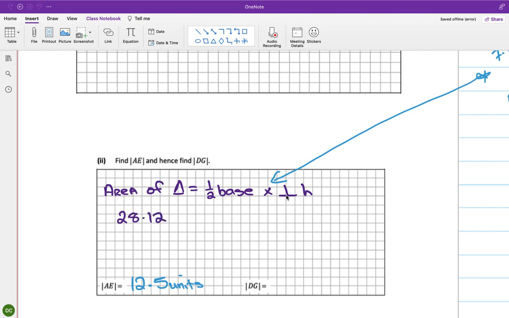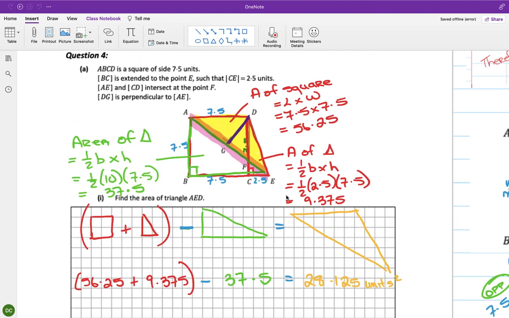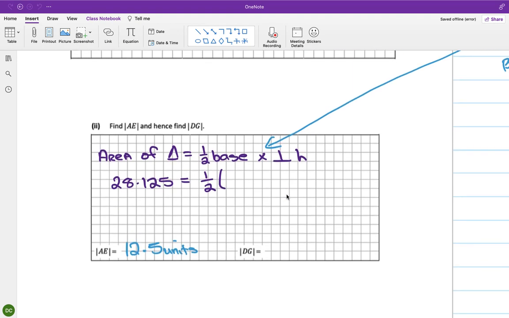The triangle that purple line is the perpendicular height of is ADE. So do we know the base? As in that bit there. What is it? 12.5. And then we're going to multiply that by the perpendicular height, and the perpendicular height is what we're looking for. It's DG.